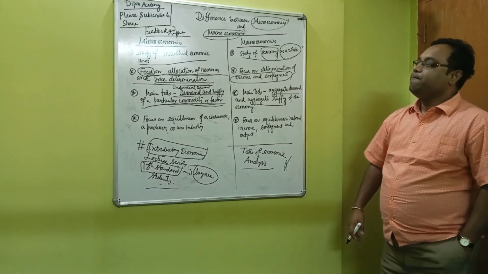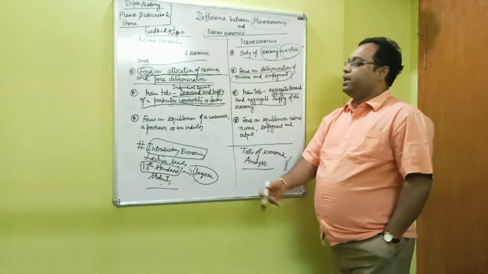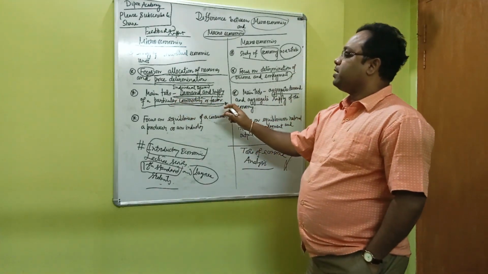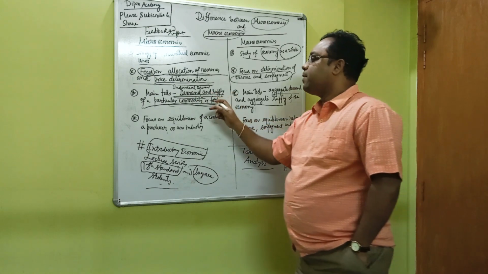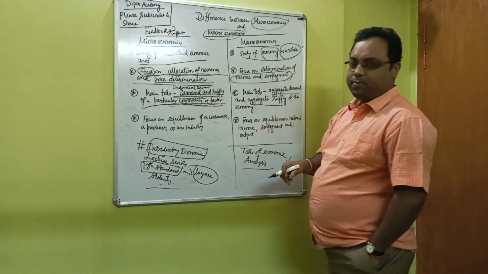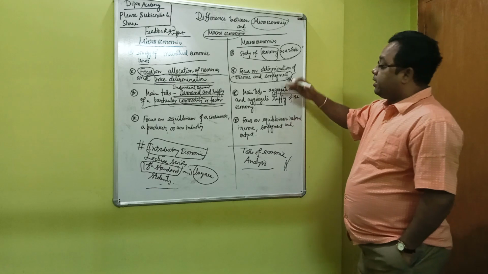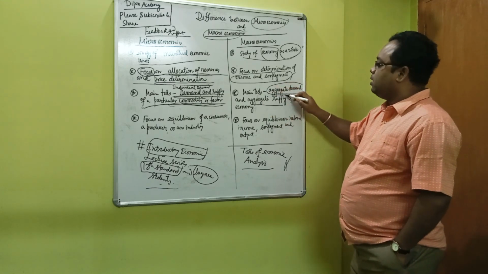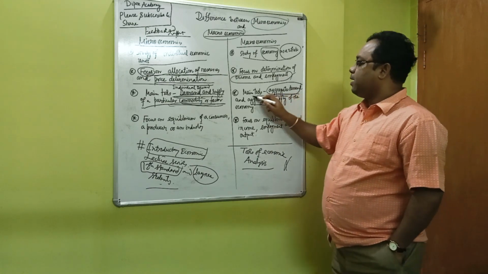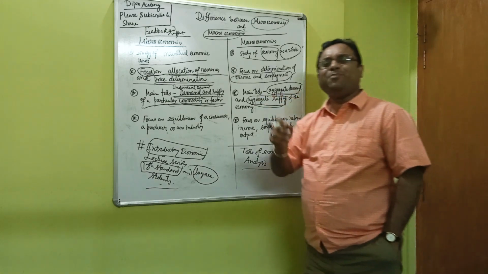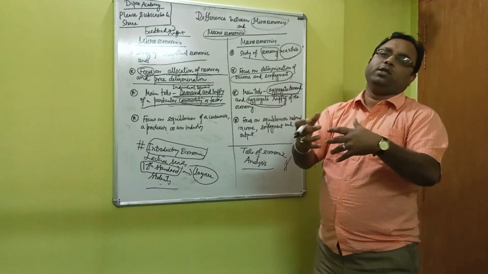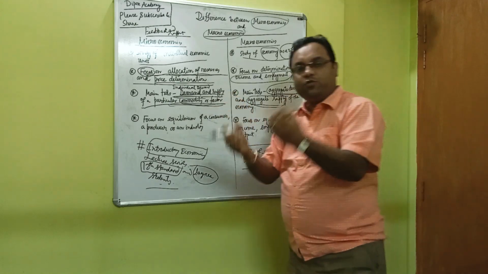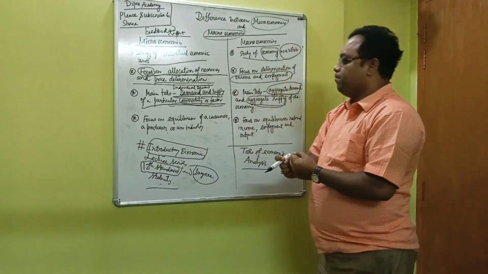For beginners, the tool of microeconomics is the demand and supply of a particular commodity or factor, and in macroeconomics the main tools are aggregate demand and aggregate supply. Aggregate means total demand and total supply. Here it is individual demand or individual supply.